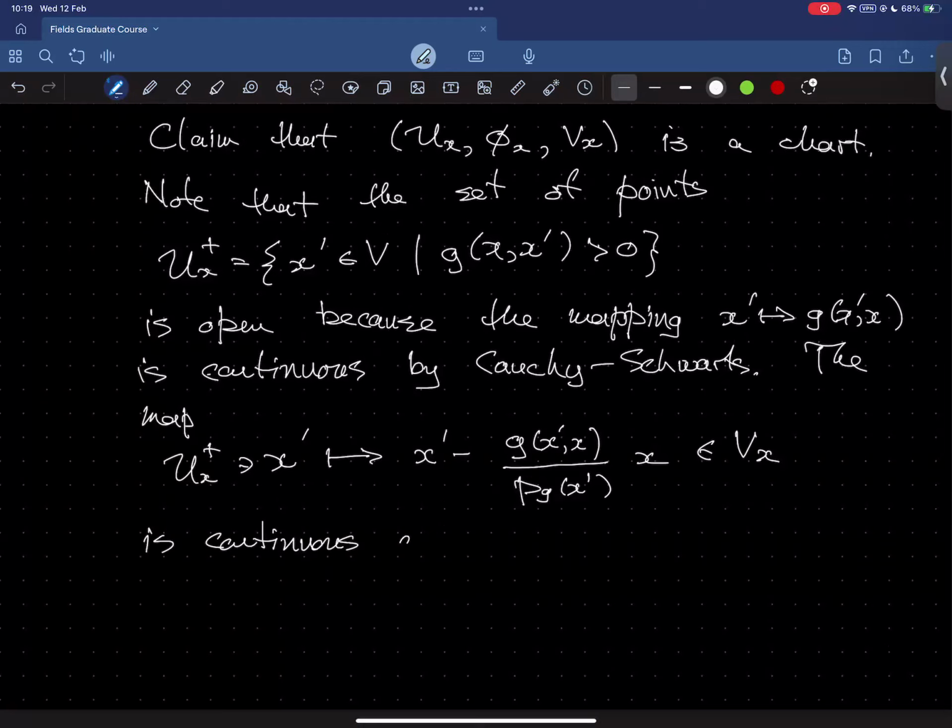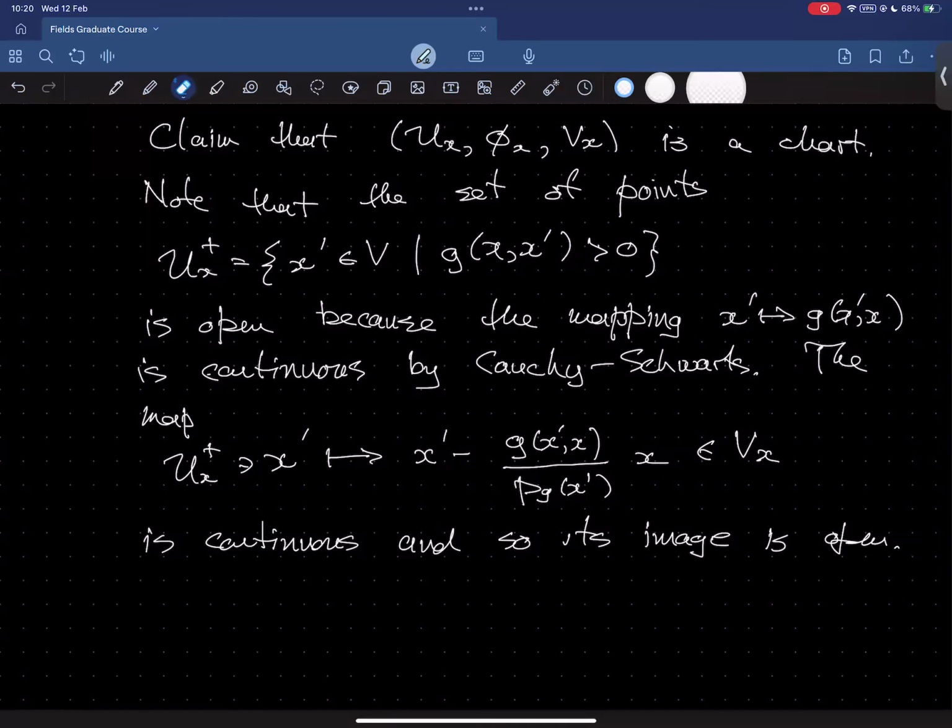Okay, and so its image is open. I shouldn't say that, because that makes it sound like its image is open because it's continuous, and that's not true.